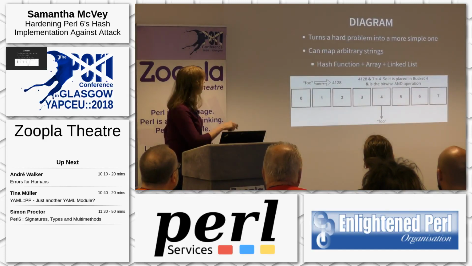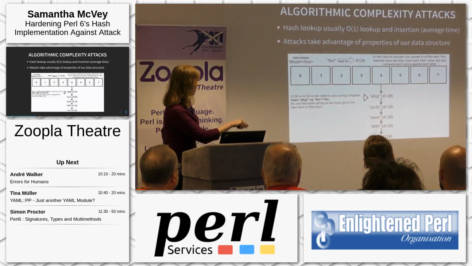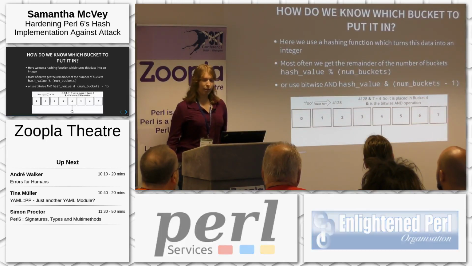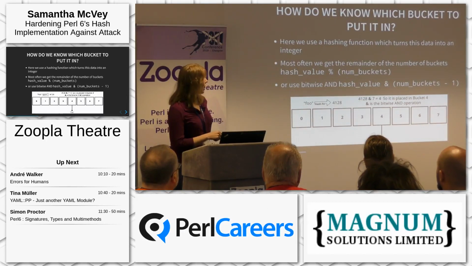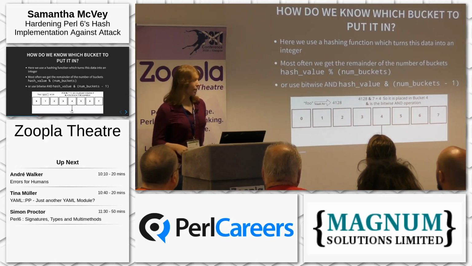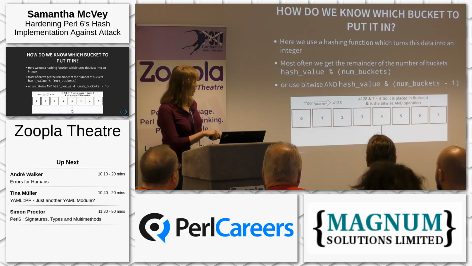Yeah, so a hash table is similar to an array and that linked list you see here. So how do we know which bucket to put it in? Well, we use a hashing function to turn this data into an integer. Basically that takes an arbitrary string of data, turns it into a number, and then we use the remainder of that number depending on the number of buckets.